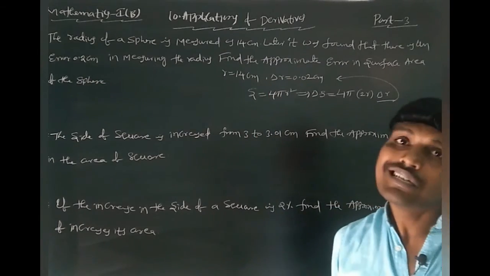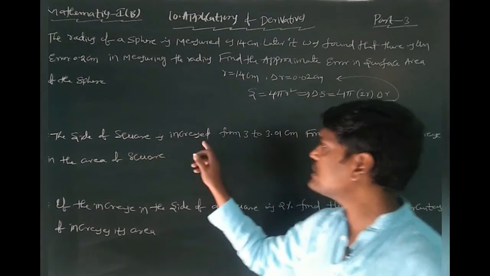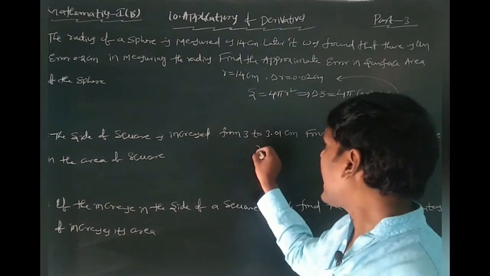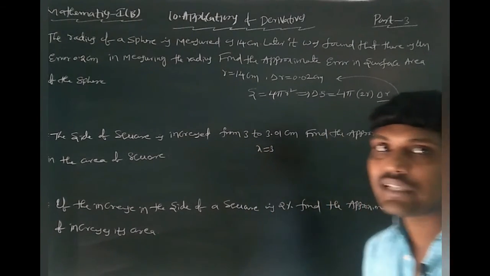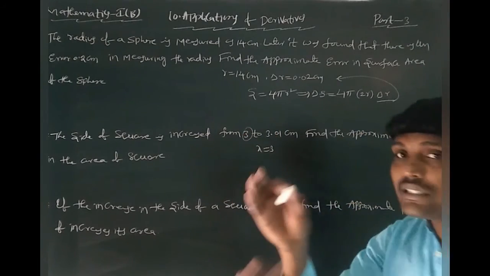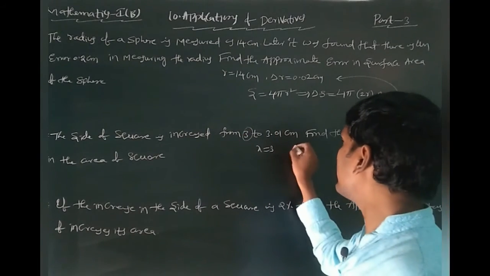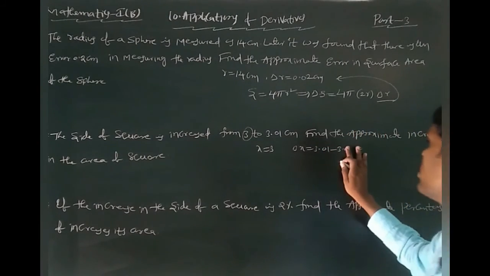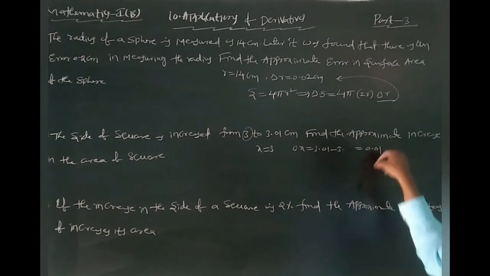This is the hint. Second one: the side of a square is increased from 3 to 3.01. Here the actual side of the square is x, then the x value is 3. This 3 is increasing by how much? Delta x is equal to 3.01 minus 3, you can write 0.01 error.